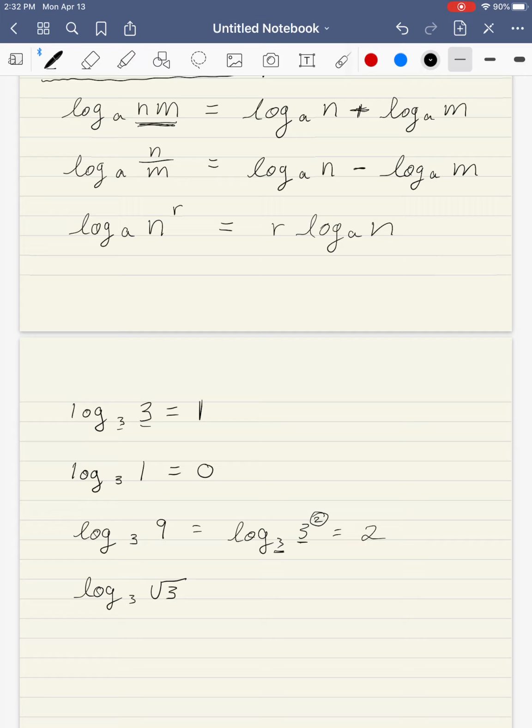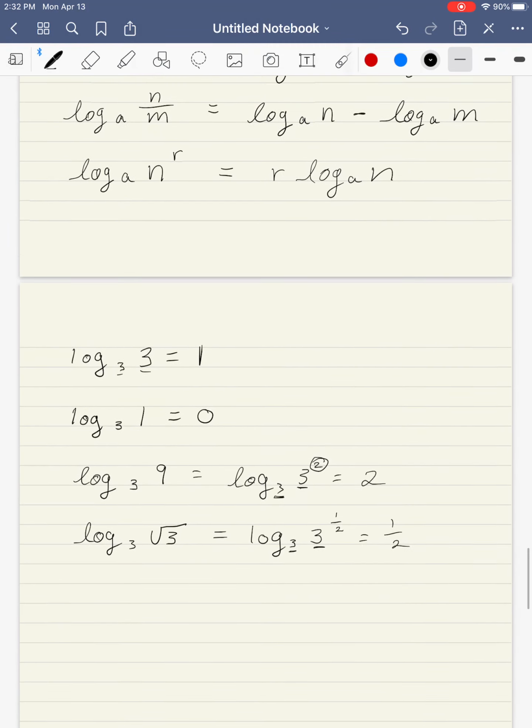So if I have the logarithm base 3 of the square root of 3, remember from our lesson on how exponents work, the square root of 3 is the same thing as 3 to the 1/2 power. The base is the same, so this is equal to 1/2.